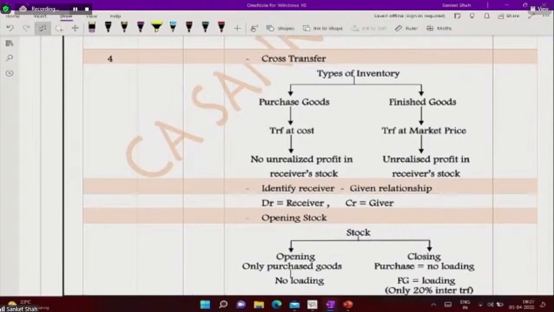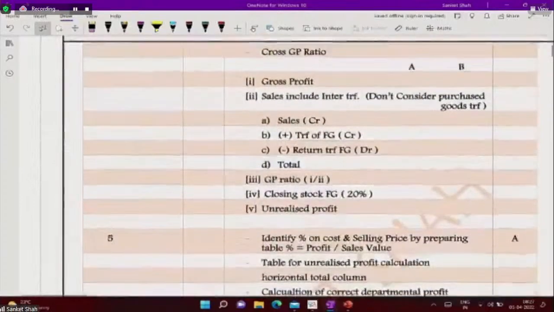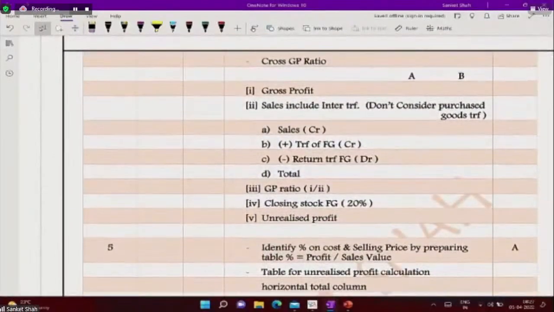When you tell yourself it's difficult, beta, you are not going to crack this question. So this is the 4th number. We already solved this question. And 5th, 6th already given, beta, screenshot.